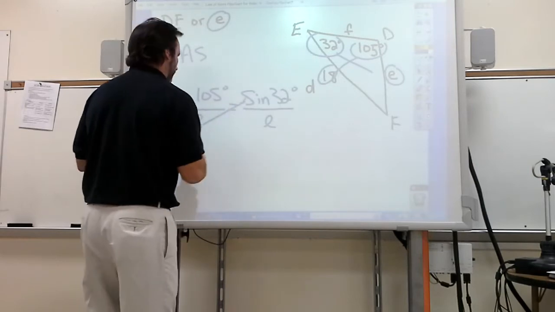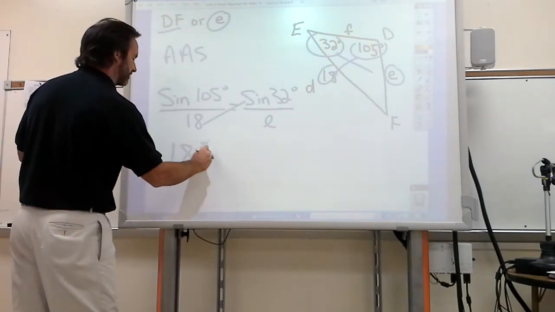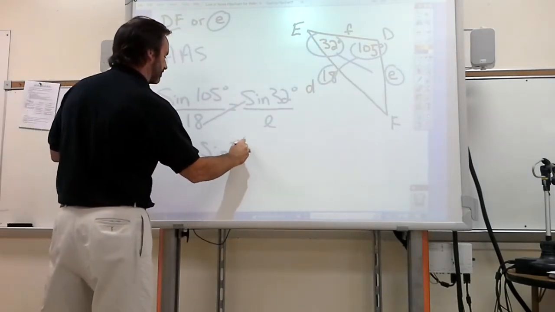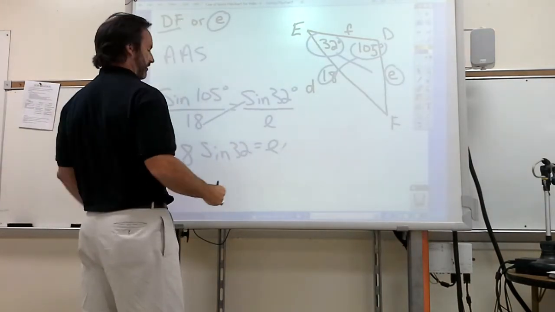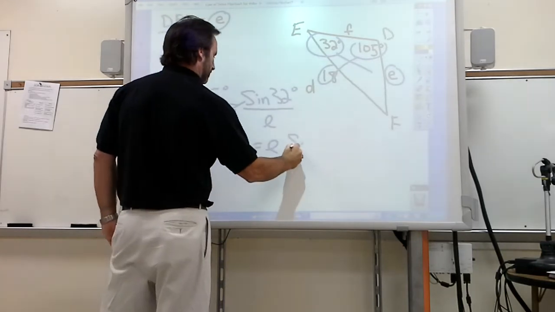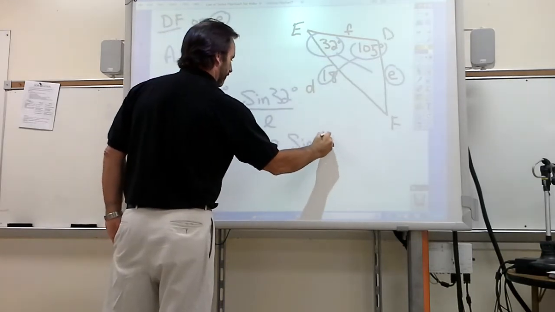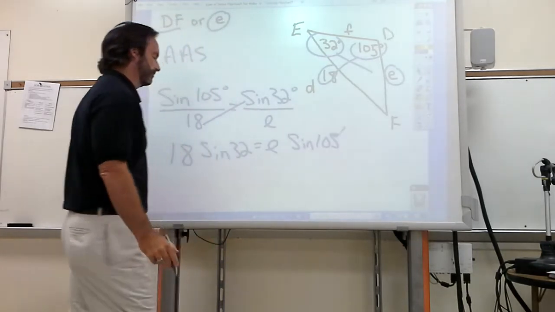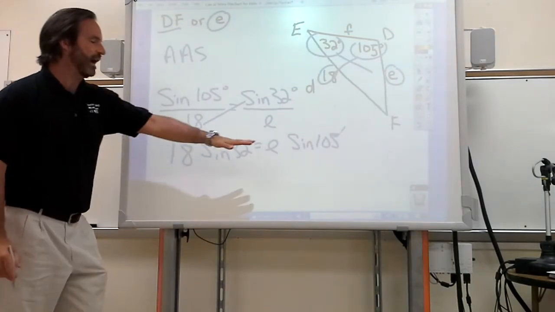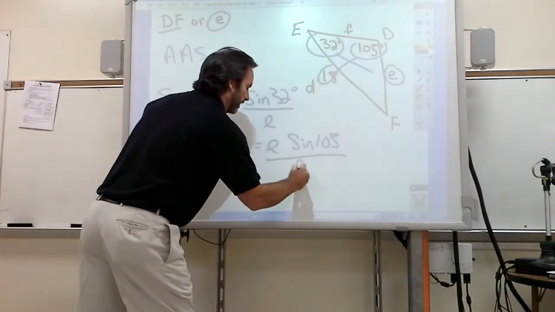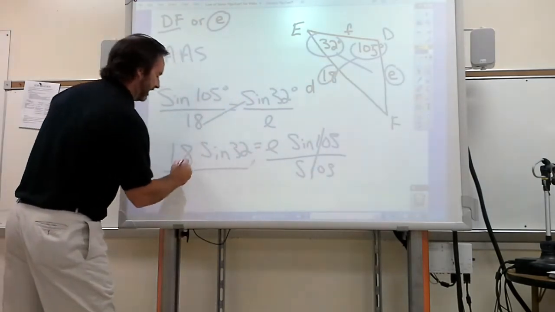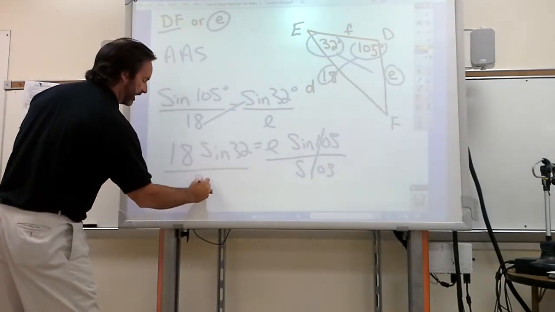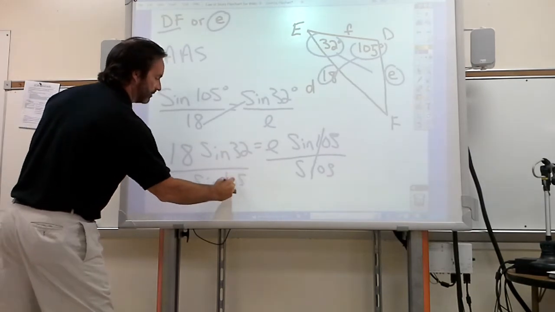Here's our cross product. 18 sine of 32 equals E, or segment DF, times sine of 105. Okay? So we need to divide both sides by the sine of 105. And this will be 18 times sine of 32 divided by sine of 105. It's not that big a deal.